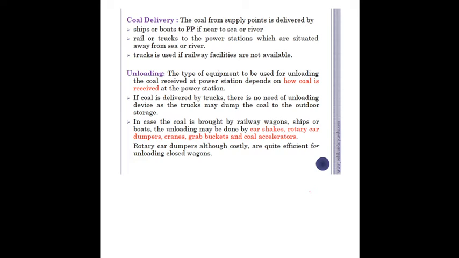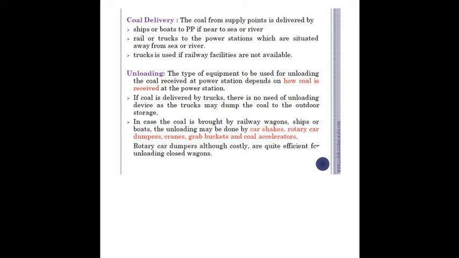Transportation of coal by trucks is usually used when mines are not far off or when the necessary railway facilities are not available. In case of rail transport, the necessary siding for receiving the coal should be brought as near to the station as possible.